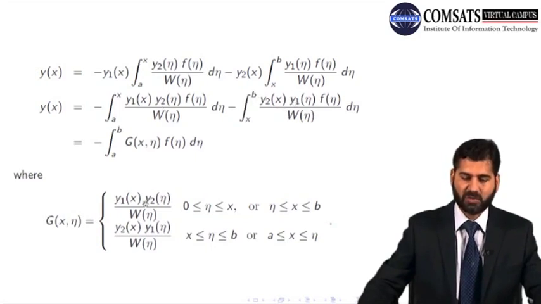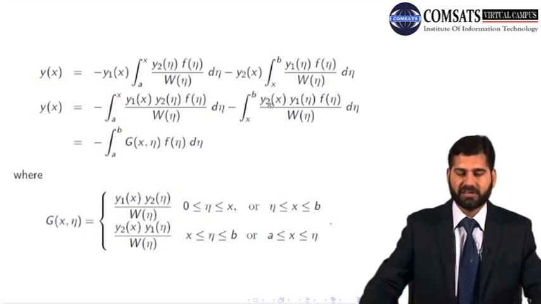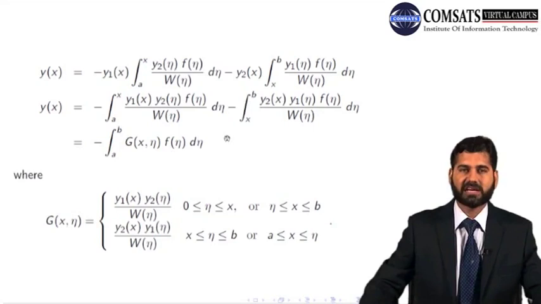So you took this as one, where x is from eta to b, and here your x is from a to eta. Alright, so this is the case. So we can then combine it and write it as from a to b, because we replace these two functions by the Green's function. So the integral from a to b of G(x, eta) f(eta) d eta. Again you see this is kind of an integral equation.